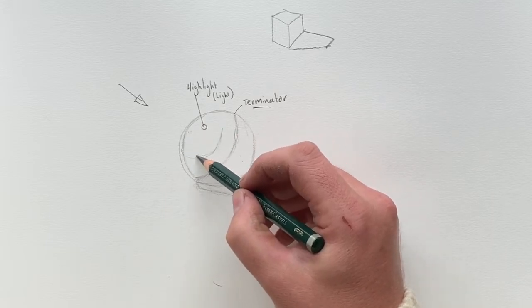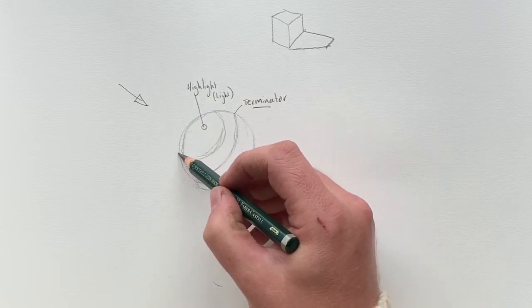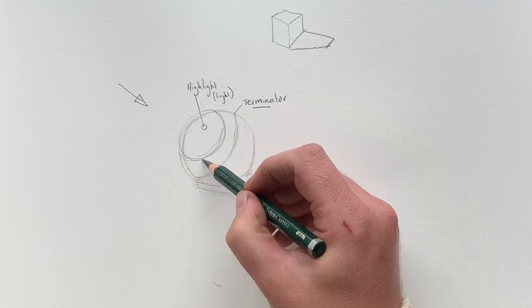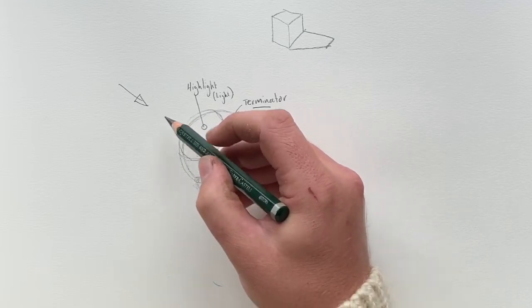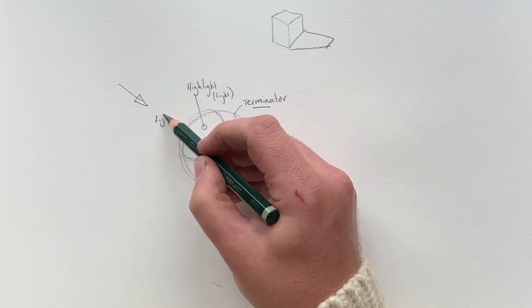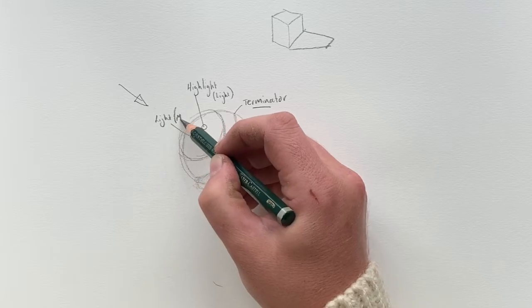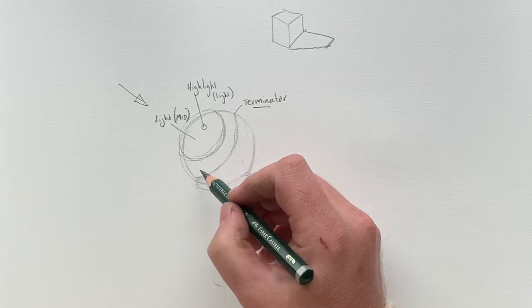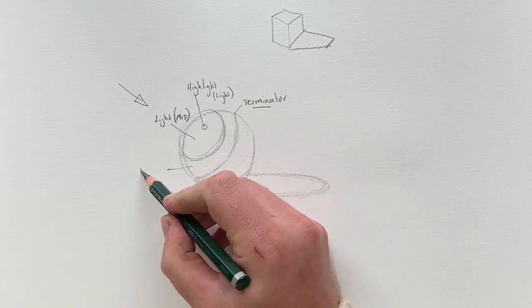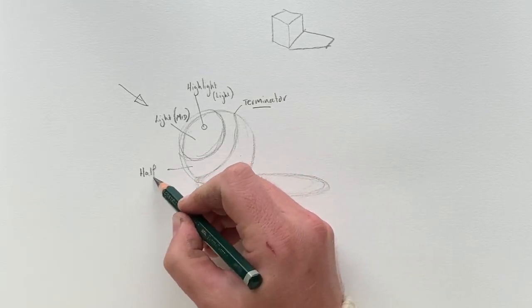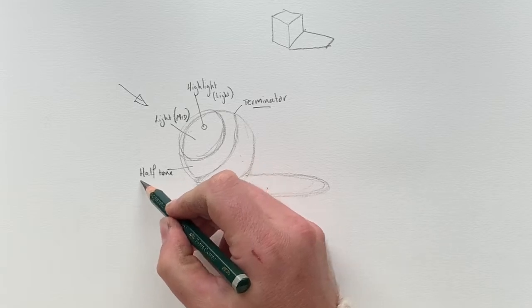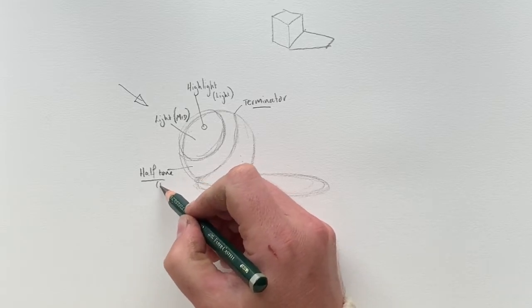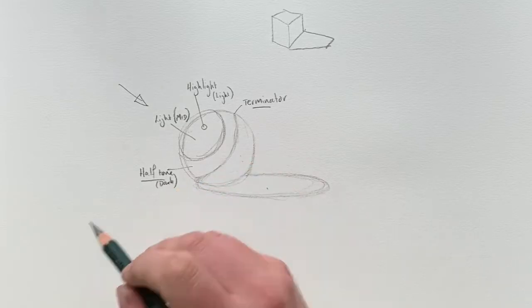It's the area surrounding the highlight, and it will be the mid-tone of that part. And then the last part is the halftone, and it will be the dark of that part.